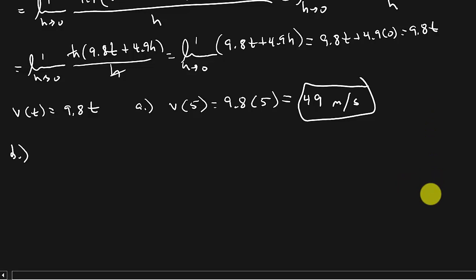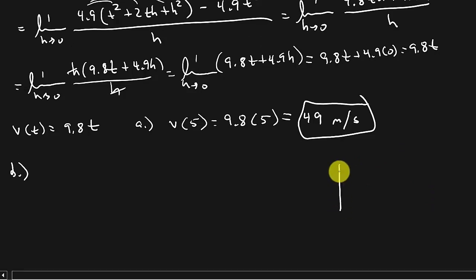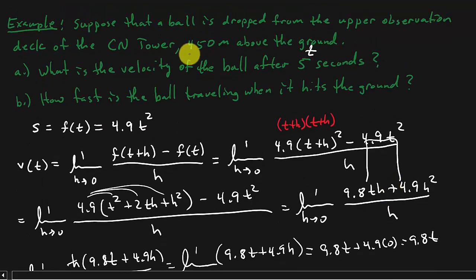So it's at the top of this deck. All right, so you're up here. And when that ball is dropped, it hits the ground down here after what? After it's traveled 450 meters.